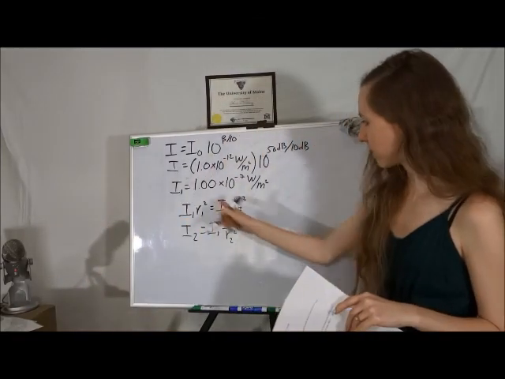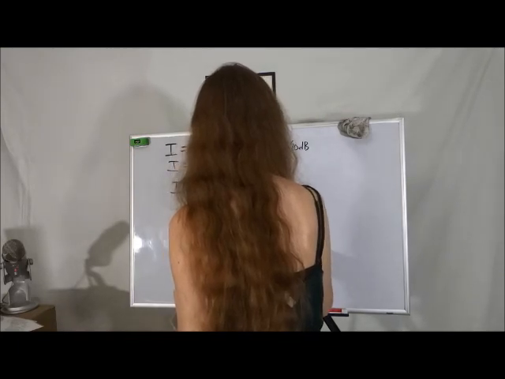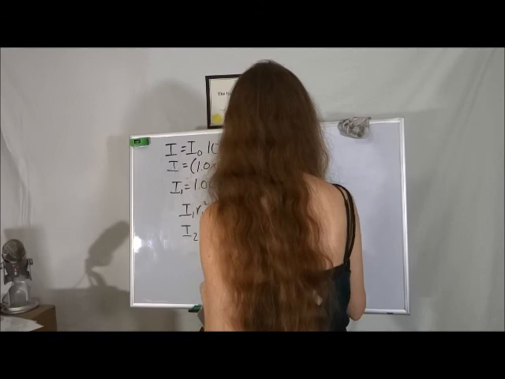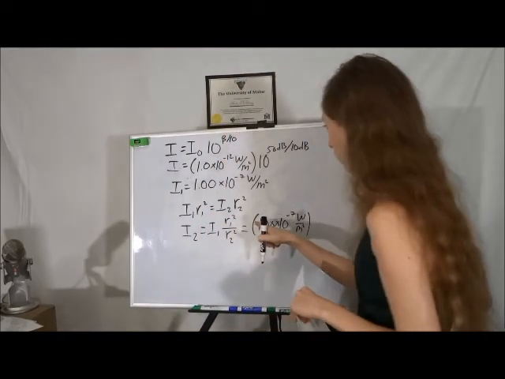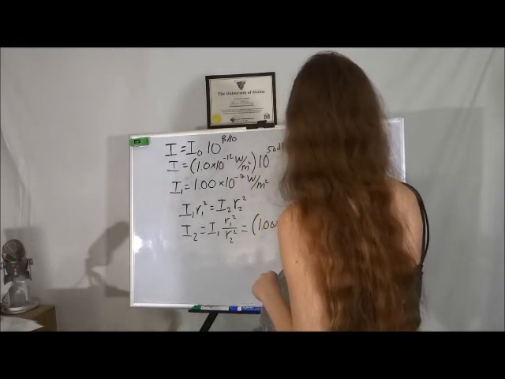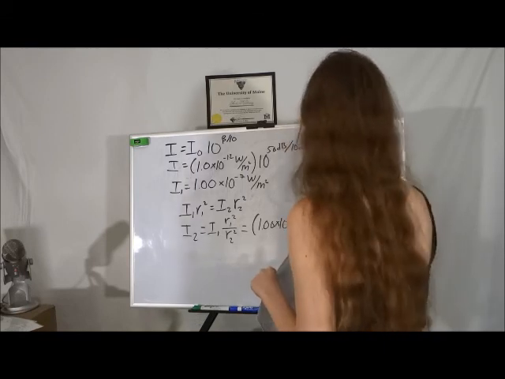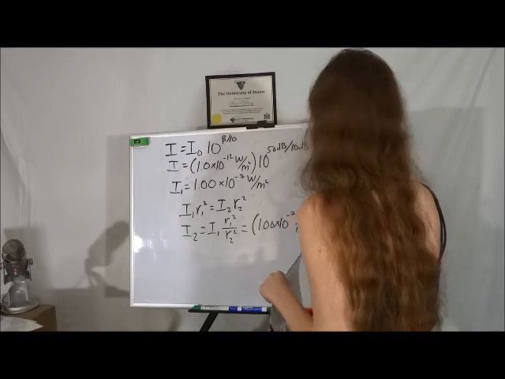Now I1 we found was 1 times 10 to the minus 7 watts per meter squared. And then R1 was 0.50 meters, and we're going to square that. And then R2 is 15 meters, and we're going to square that as well.